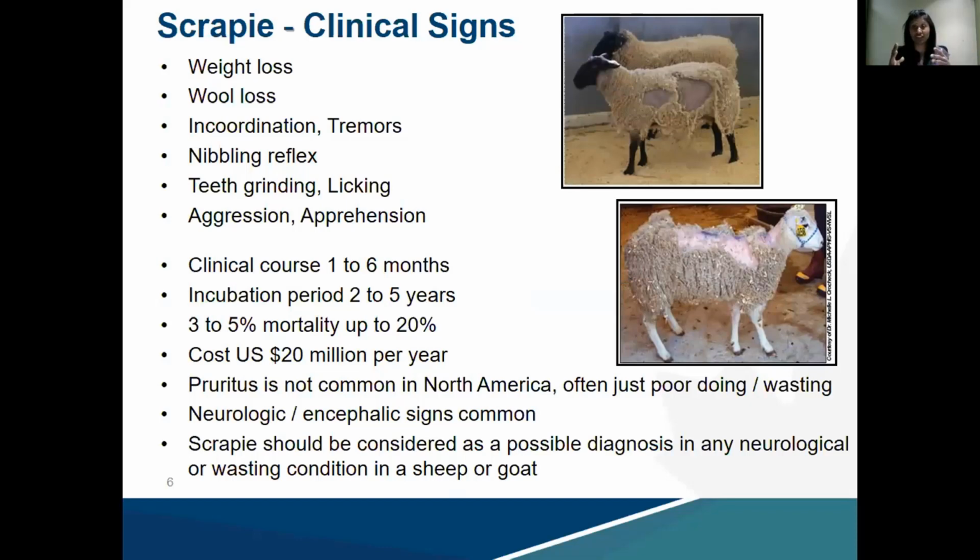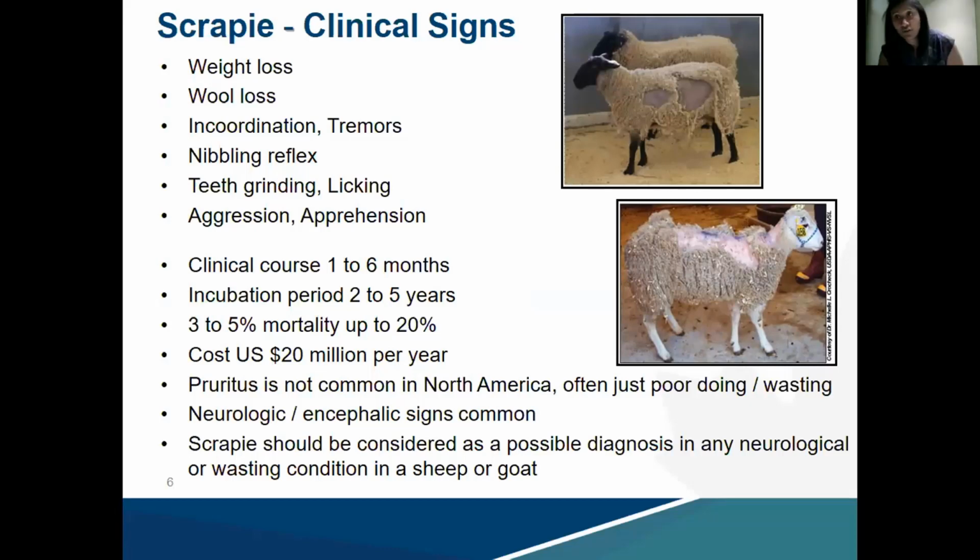They can be harboring the disease, even shedding it in the environment and transmitting it to other animals, and we don't know. The clinical course, when we see signs in the animal clinically, is fairly short, 1 to 6 months. So by that point, we could have significant spread of disease already.